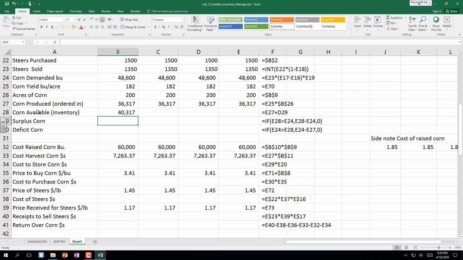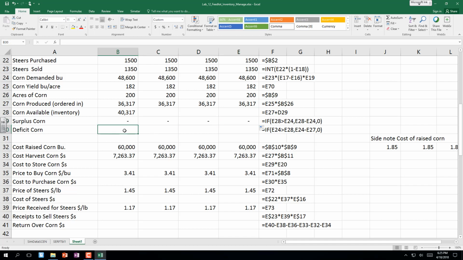So my surplus corn is equal to if this corn available is greater than the corn that was demanded, then I'm going to take the available minus what was demanded, otherwise it's 0. Okay, so it's just common sense here. If you need less than you have, then that's going to be a surplus. Okay? Otherwise, it's 0. Now, that formula I can drag across.